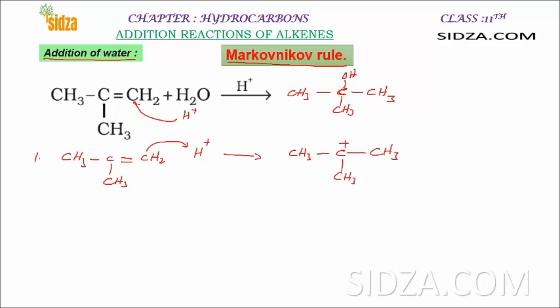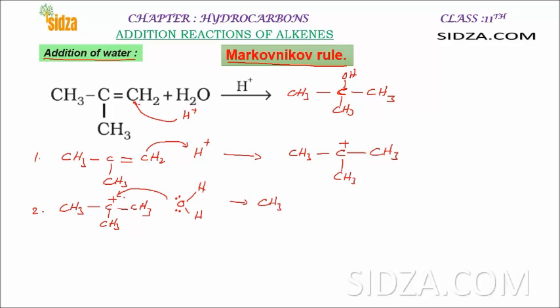And then in the second step, the same carbocation will be under the attack of a water, H2O molecule, right? So water, with its lone pairs of electrons, can act as a nucleophile, and it can attack the carbon and form a bond with it.